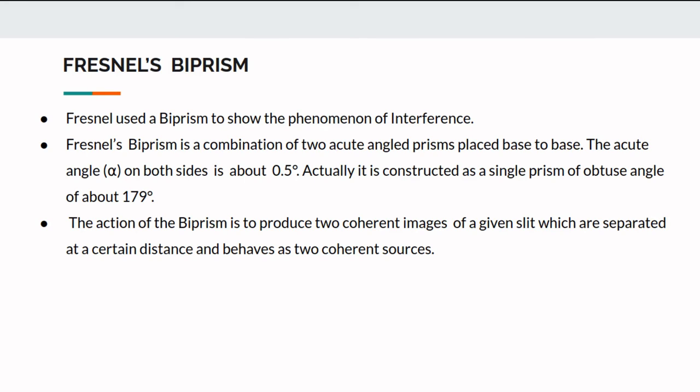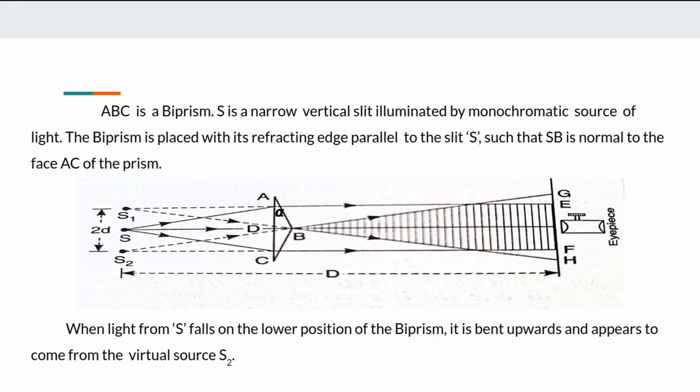Fresnel's biprism is a combination of two acute angle prisms, but it is a single prism having 179 degrees. The action of the biprism is to produce two coherent sources by the division of wavefront, and when they superimpose each other, interference fringes are observed on the screen. That is the main functioning of the biprism.